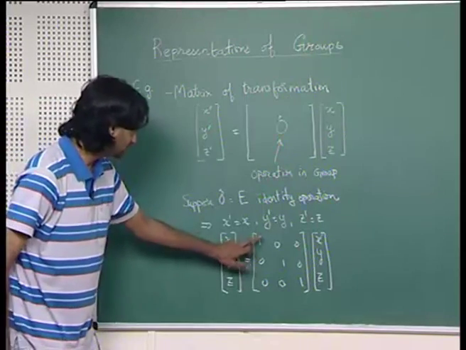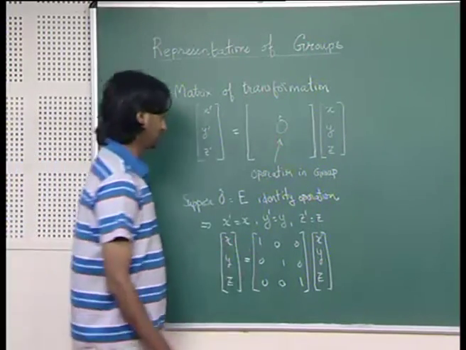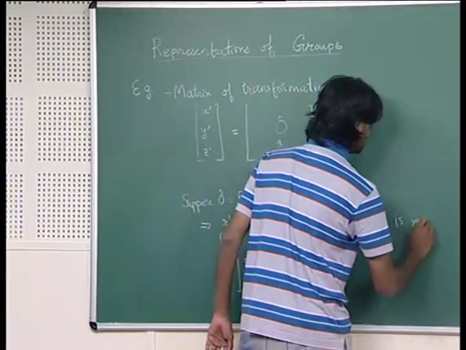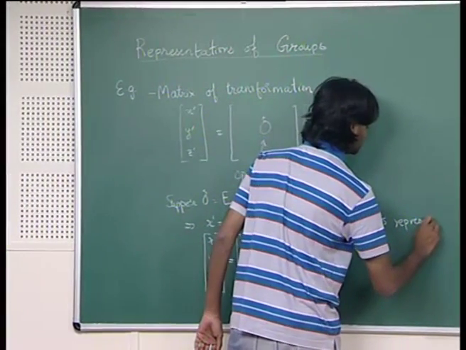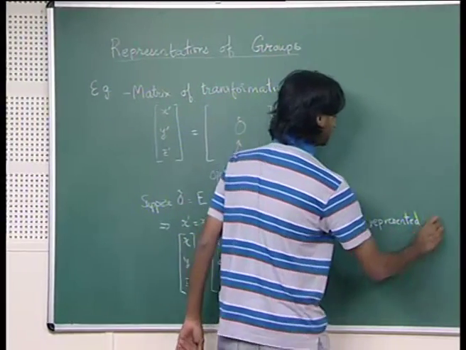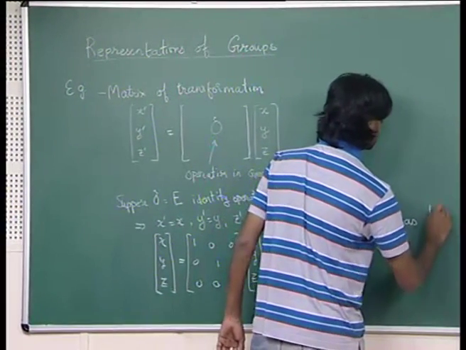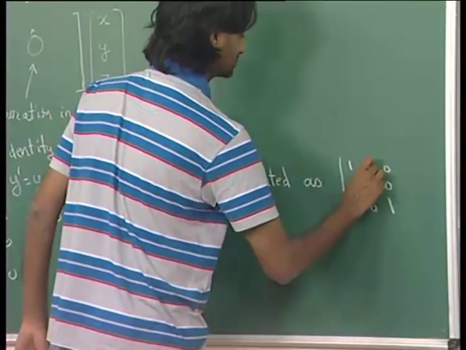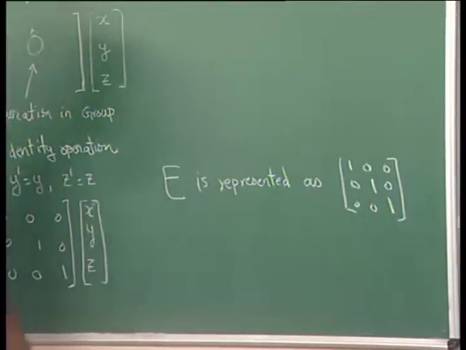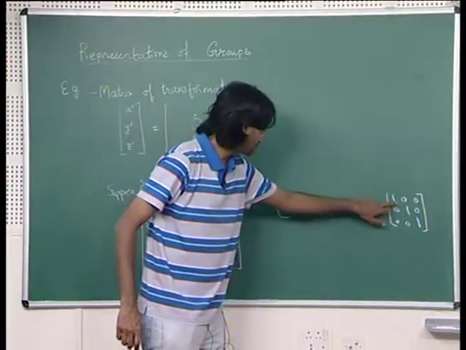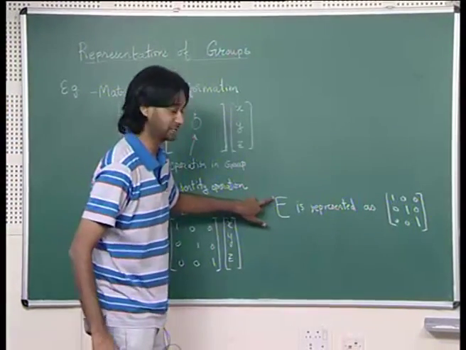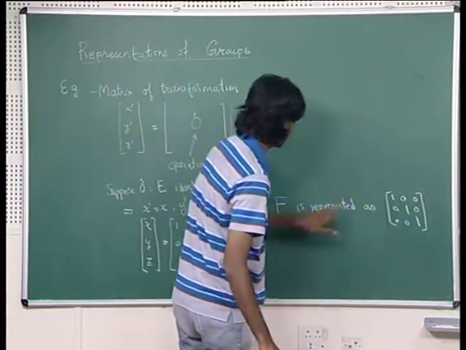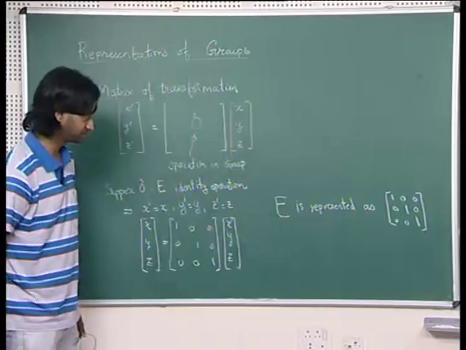Then you say that the identity is represented as 1 1 1 along the diagonal and 0 elsewhere. In other words, this matrix is a representation of the identity operation.